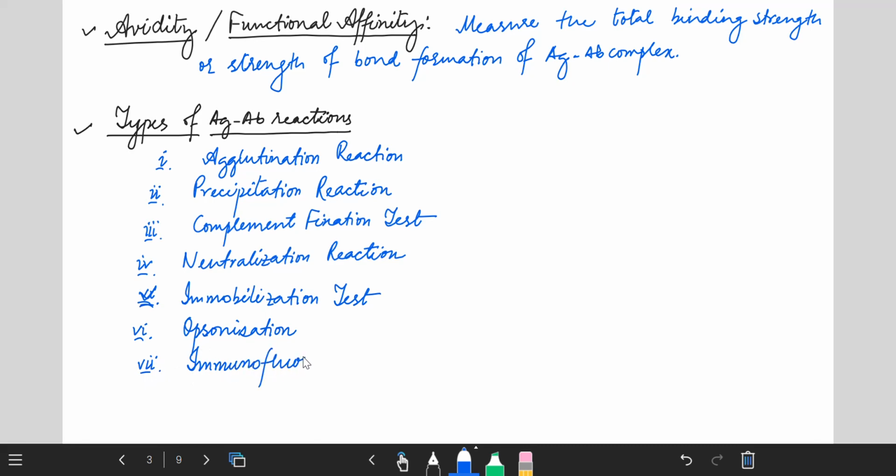And the eighth one is radioimmunoassay. And the ninth one, last one, is enzyme-immunoassay. We will understand each of the parts in the next lecture.